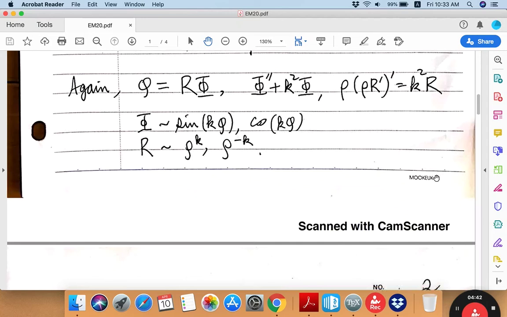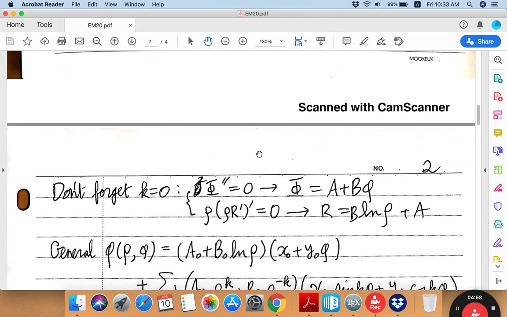And therefore, the solutions will be either sine or cosine for the angular part, and rho to the kth power or rho to the minus kth power for the radial part.